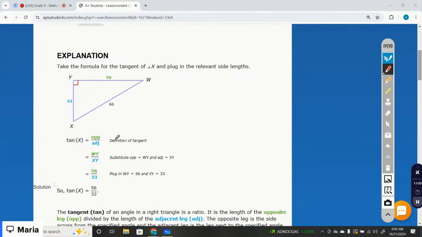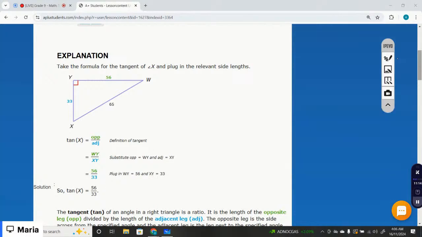From angle x, opposite is WY and adjacent is XY. That is 56 over 33, right?